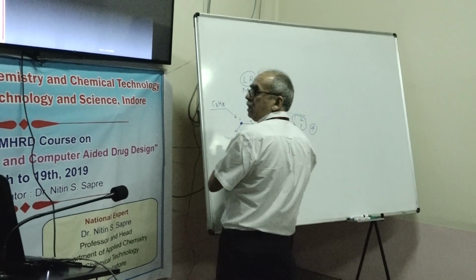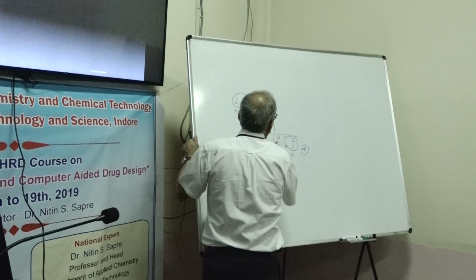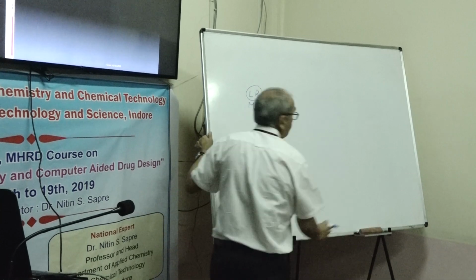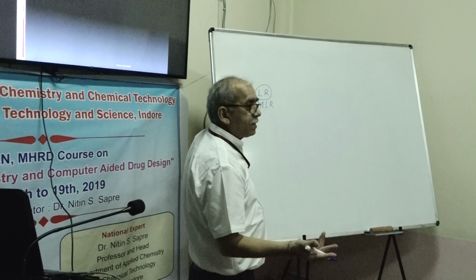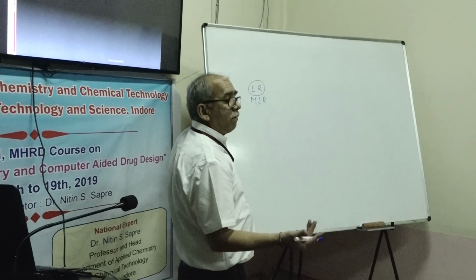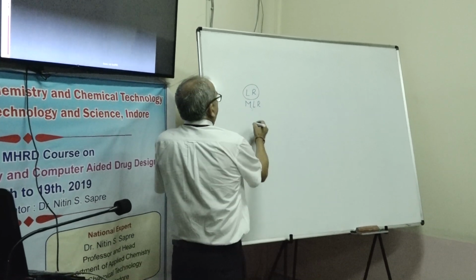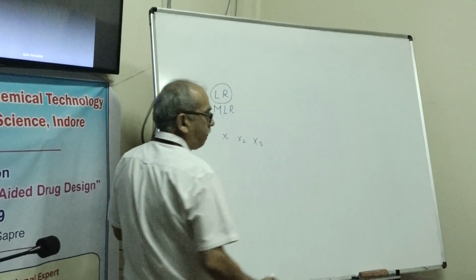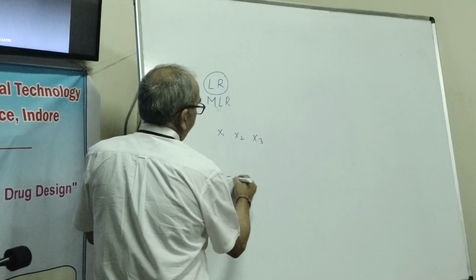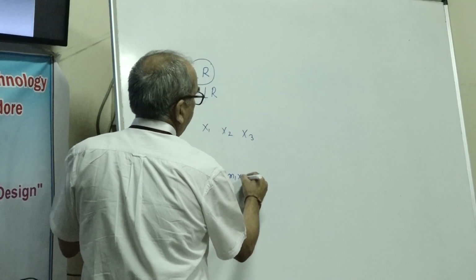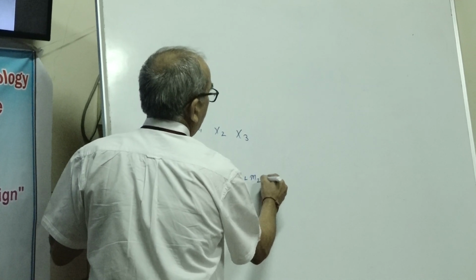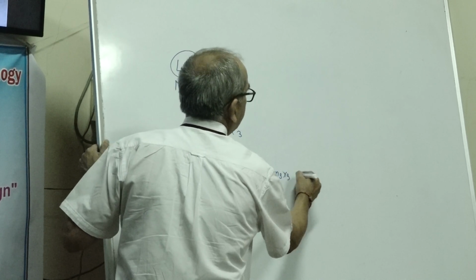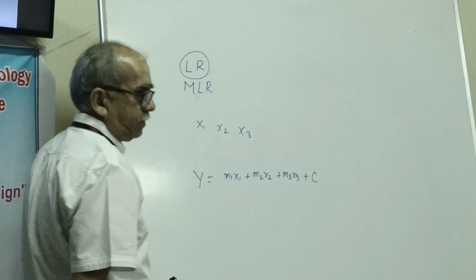But suppose you have got more than one index, like x1, x2, x3. So what we do is we plot it like y is equal to m1 x1 plus m2 x2 plus m3 x3 plus this.